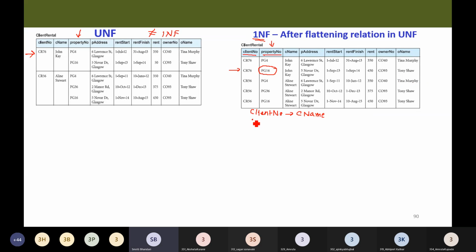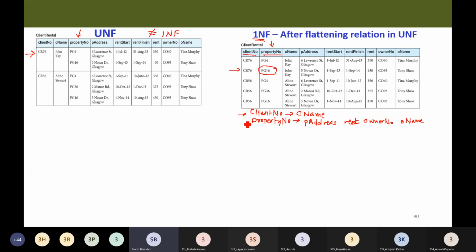So we are having one more partial dependency here, and that is property number determines property address, rent, owner number and owner name. So two partial dependencies we have found out. So by making use of these partial dependencies, we may decompose this relation in 1NF into 2NF.